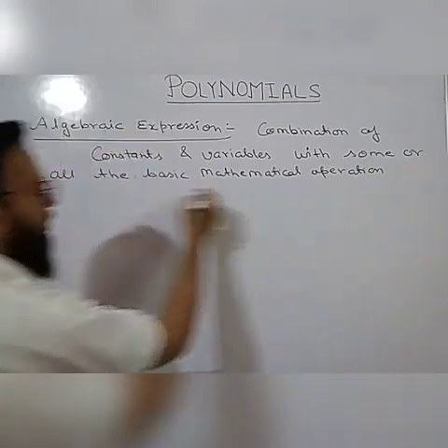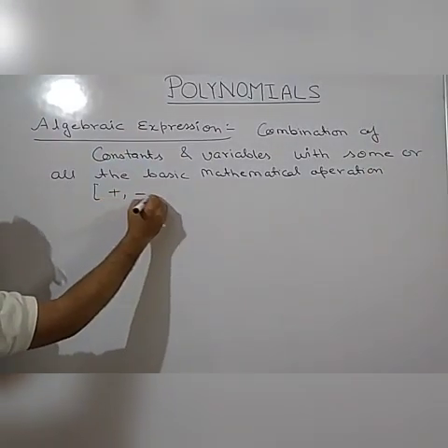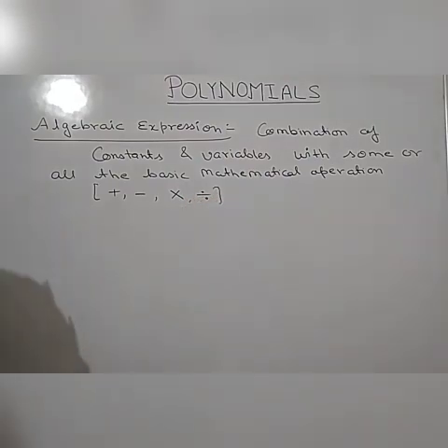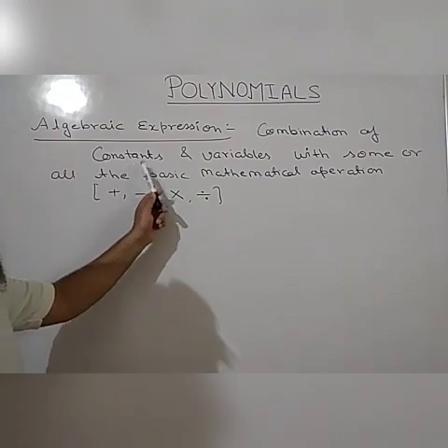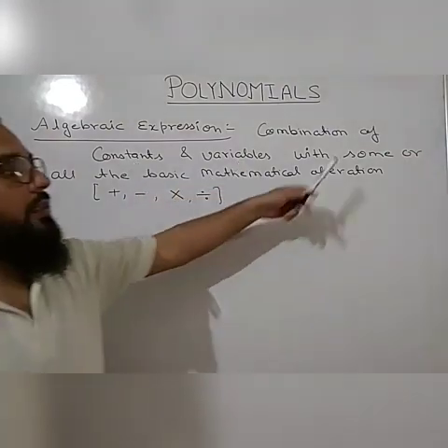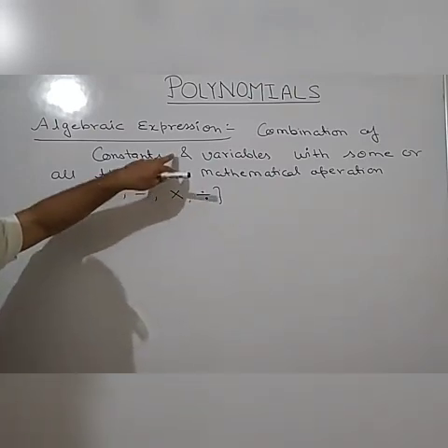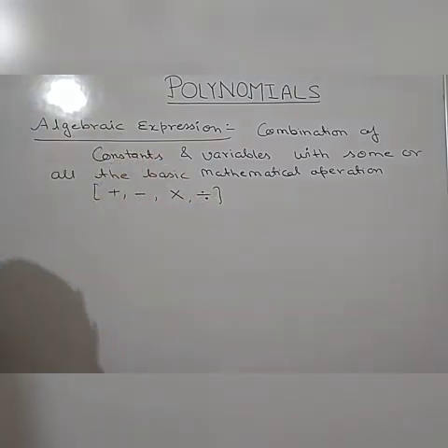So any expression in which there are constants as well as variables and there may be some or all of these operations, such an expression will be known as an algebraic expression.